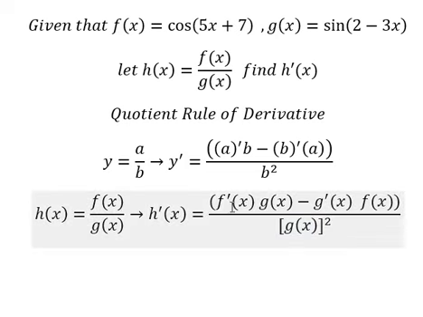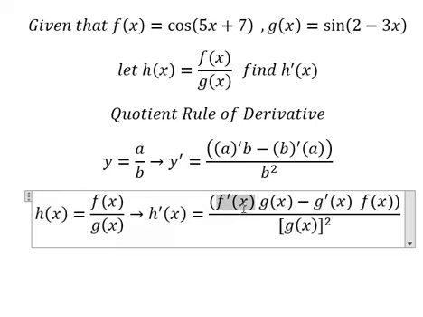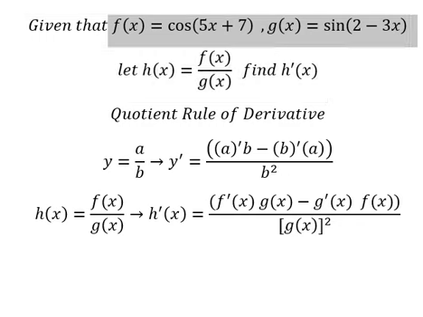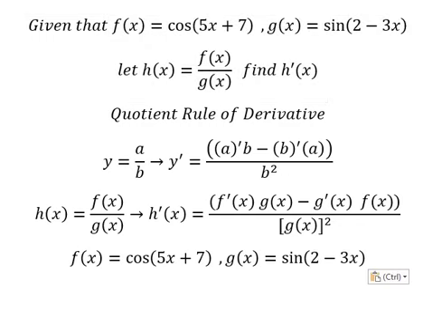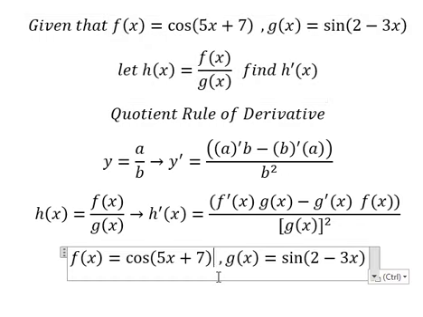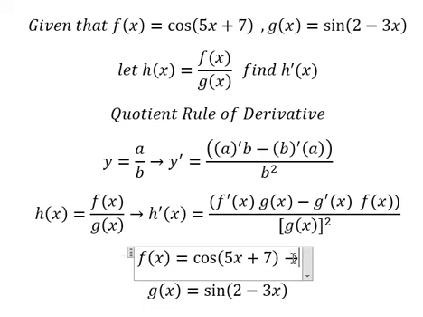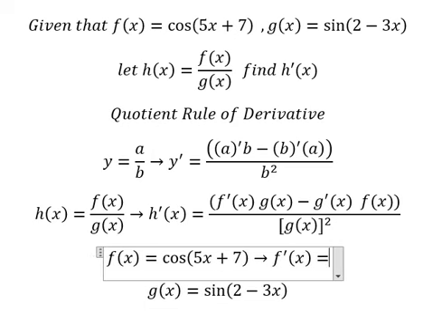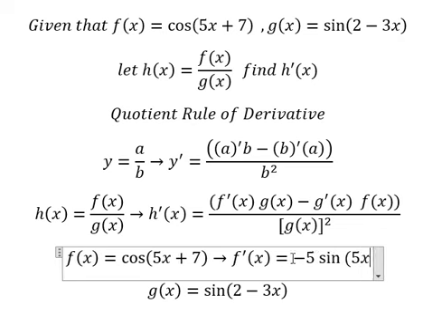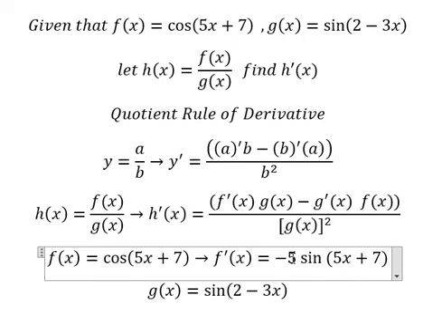Now we need to find the first derivative of f of s and g of s from here. If we do the first derivative, this one, we have negative 5 sine of 5s plus 7, because the first derivative of cosine is negative sine.